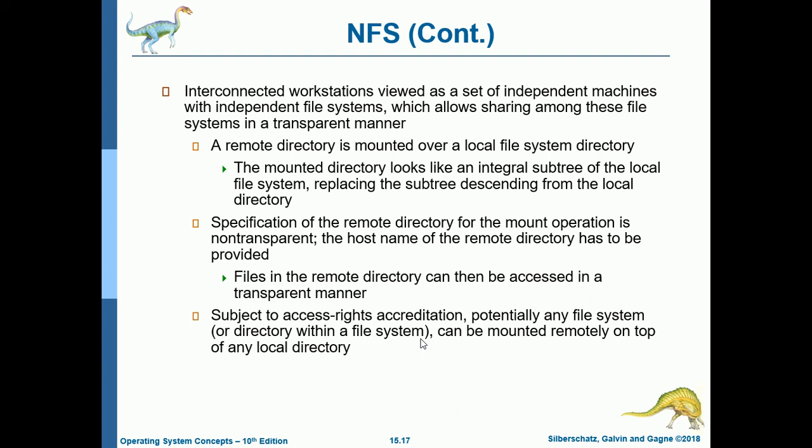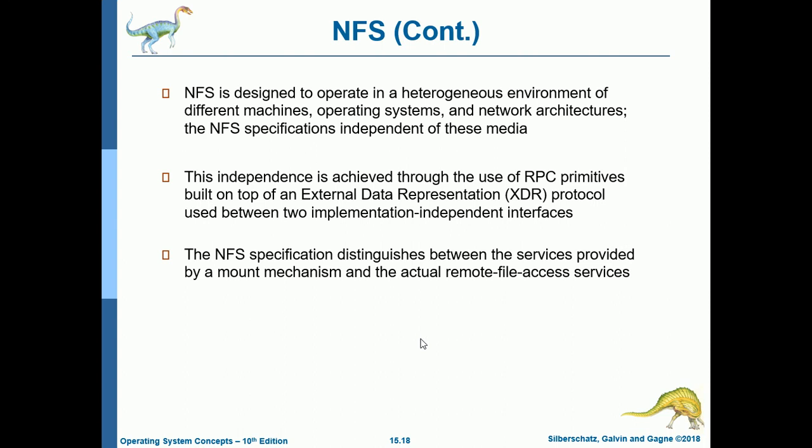The specification of the remote directory for the mount operation is non-transparent. The host name of the remote directory has to be provided. And then the files in the remote directory can be accessed in a transparent manner. Subject to access rights accreditation, potentially any file system or directory within a file system can be mounted remotely on top of any local directory.